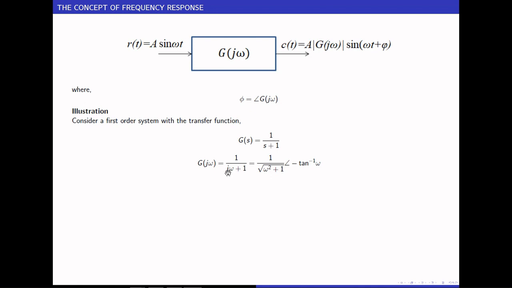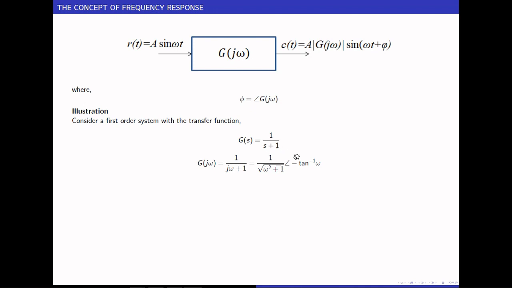Otherwise we can say that these complex numbers will have a magnitude and an angle when they are represented in a complex plane. So g of j omega can be represented either as real part and imaginary part, or in polar form with its magnitude and angle.